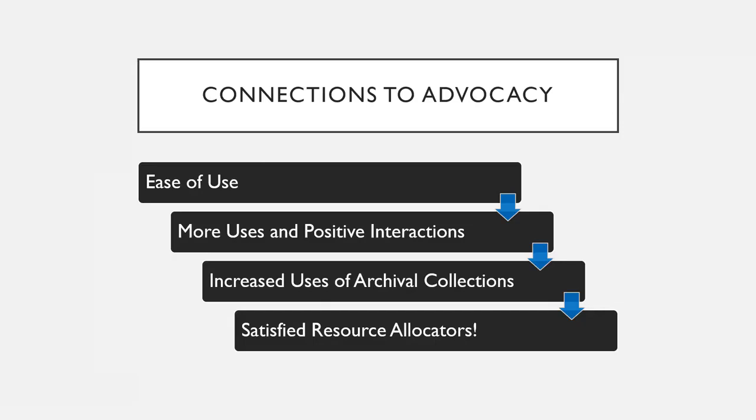And that's going to result in people, in a lot of instances, maybe not in every instance, but in a lot of instances, using those finding aids to solve their information needs and having a positive interaction with the archive and with the resources that the archive has to offer. And this can result in more direct uses of archival collections and more indirect uses of archival collections as well.